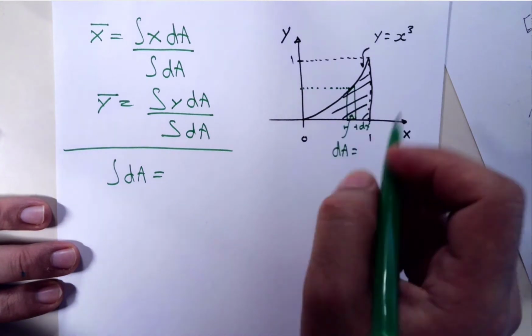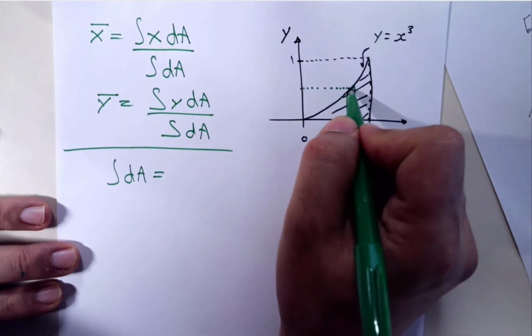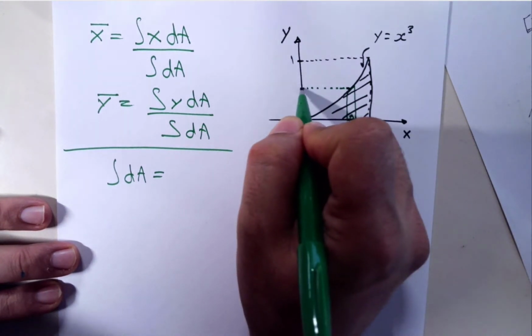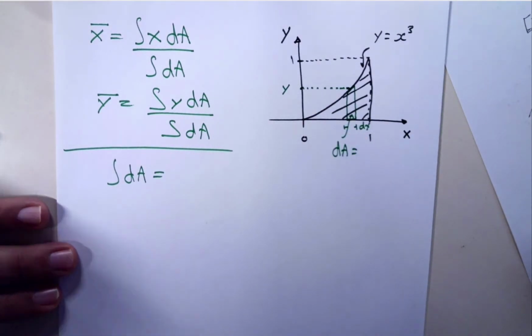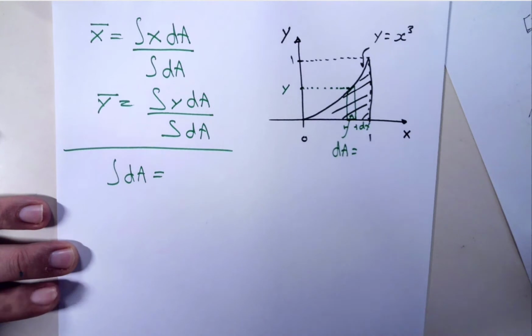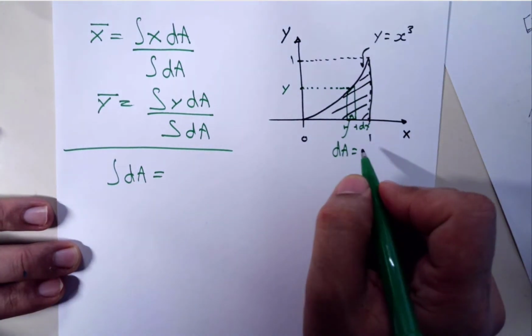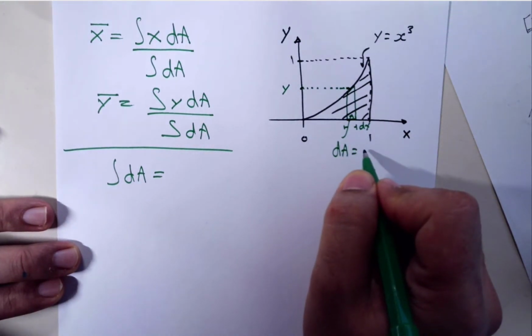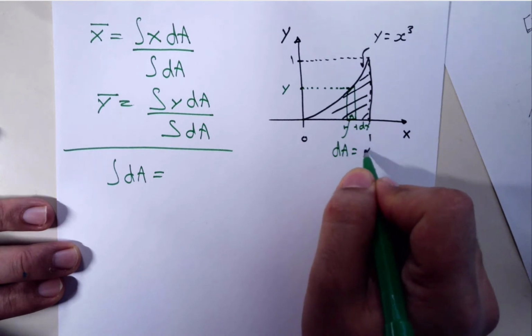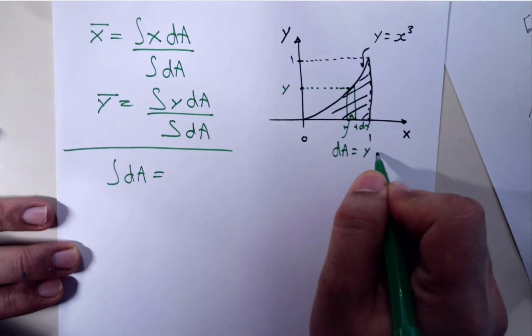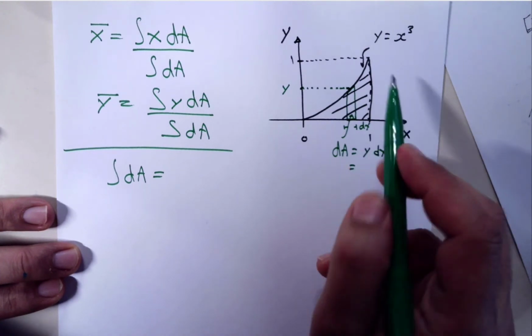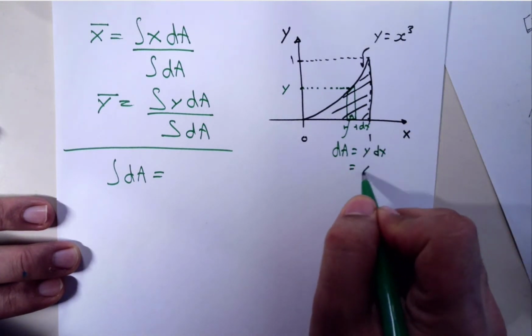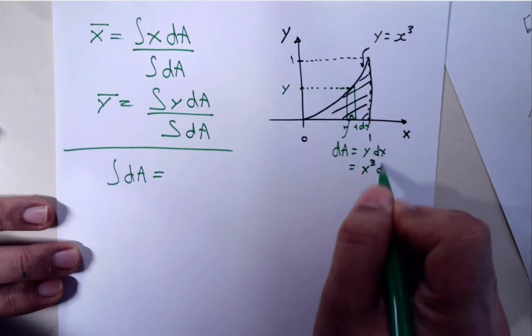So the value here is y, and that y depends on the location x, right? So therefore my value is equal to y dx, where y is x cubed dx.